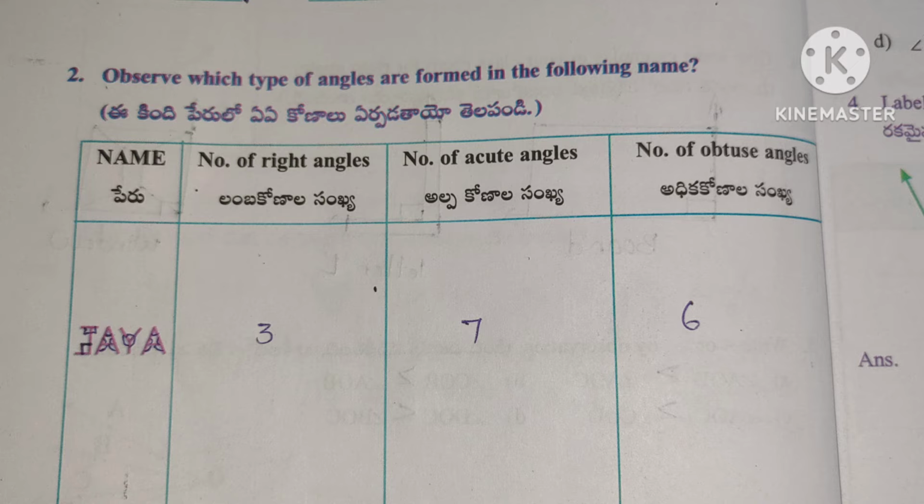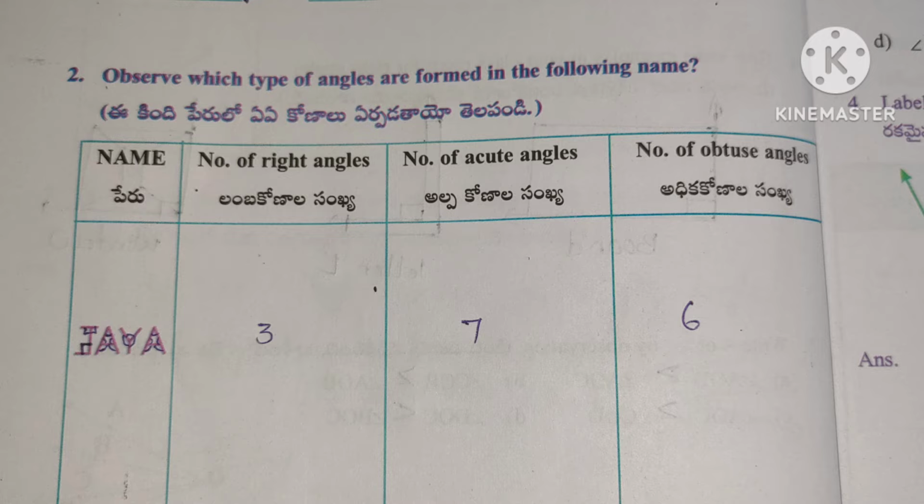We have to count the number of right angles. Here if you observe clearly, J has 3 right angles, and letter A has 3 acute angles and 2 obtuse angles, and Y has 1 acute angle and 2 obtuse angles, and another A also has 3 acute angles and 2 obtuse angles.